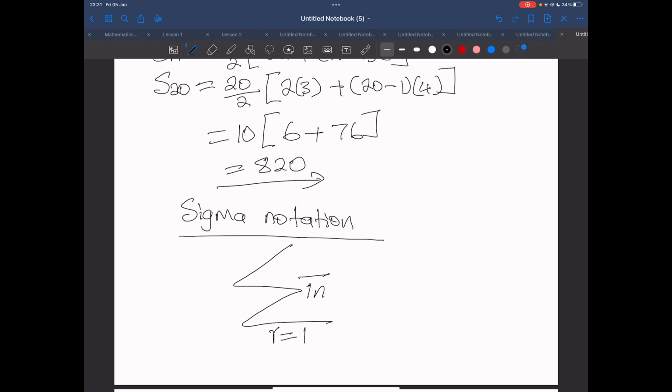For example, if it's 1, it means we are starting with 1. And here we are looking at the number of terms. So for example, if we want to add 20 terms or up to 20, it means it's going to be 20 there. So we are saying here it's up to how many terms?